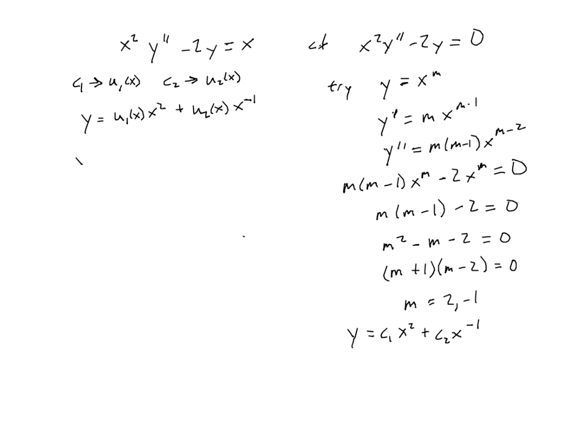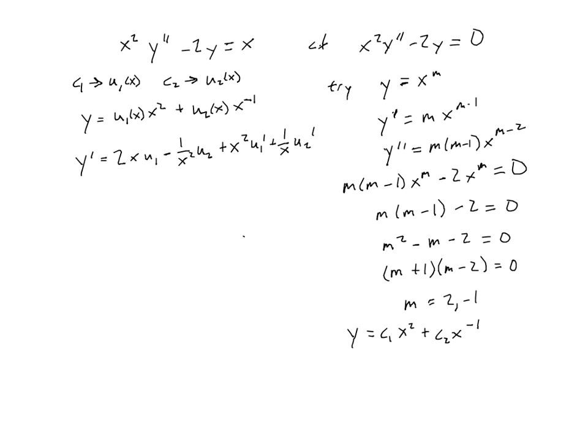So this is just a different way of going about it rather than trying to guess what the other term should be. Now y prime is equal to 2x u1 minus 1 over x squared u2 plus x squared u1 prime plus 1 over x u2 prime. Now I do not want to have higher order terms.